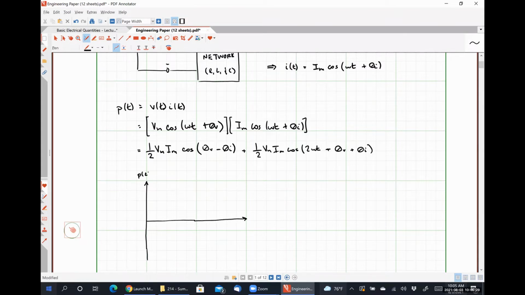So here is P of t, here is t. My power may look something like this.